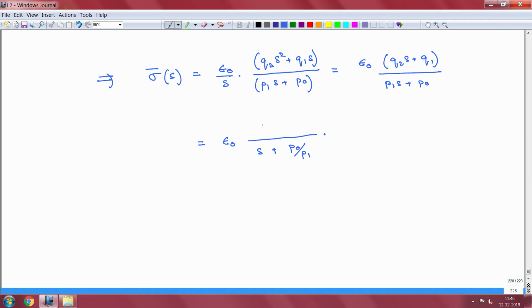In the numerator I divide by q2, so I end up with s plus q1 by q2, and hence I have to multiply on this side to balance everything out, q2 into p1. The constants I am just going to club together into 1, and now I have this particular partial fraction form to solve.